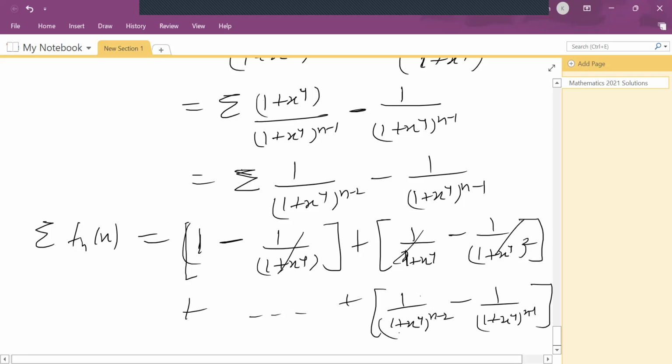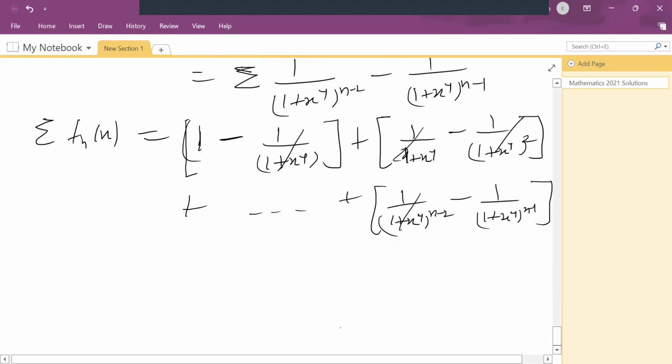All these terms will cancel out, and you will be left with only two terms, which will be 1 minus 1 upon (1 plus x^4)^(n-1).